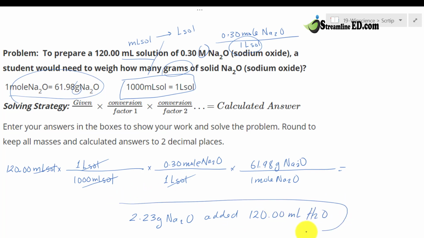And that's how we would make that solution. So that's how you prepare a solution of specific concentration for a specific volume by measuring a specific amount of solute.